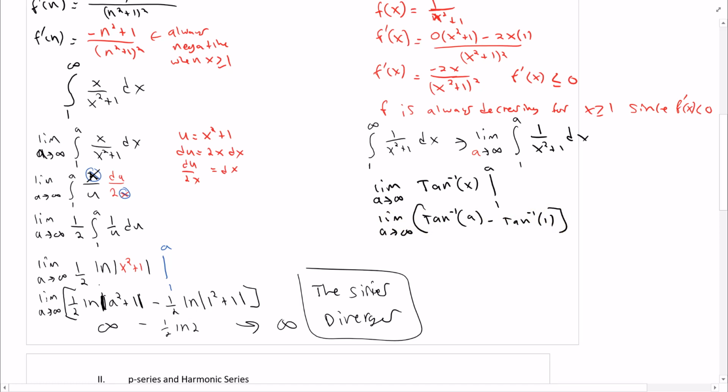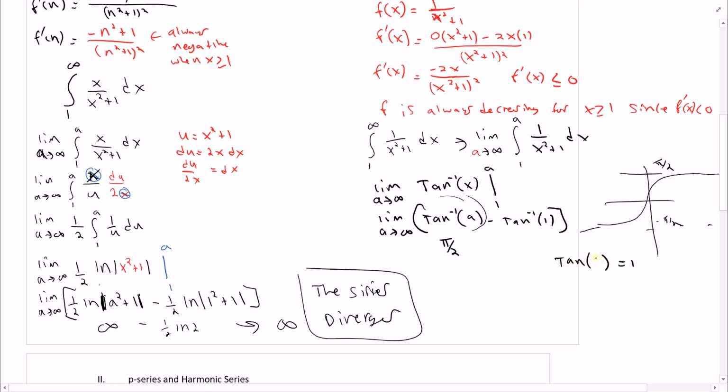And we're asking, okay, what happens to the tan inverse as a goes to infinity? Well, if you know what tan inverse looks like, it has 2 horizontal asymptotes. This one's at negative pi over 2, and this one's at pi over 2. So as this goes to infinity, the y value goes to pi over 2, and then tan inverse of 1 is, remember we're asking tangent of what angle gives me 1.